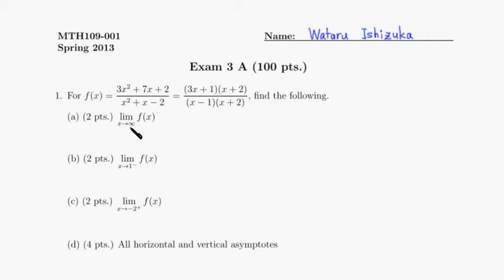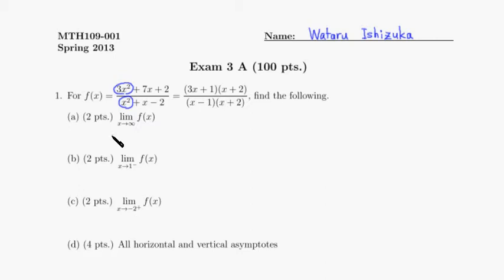When x approaches infinity, all you really have to do is focus on the leading terms on top and bottom. The leading term on top is 3x squared, and the leading term on the bottom is x squared.